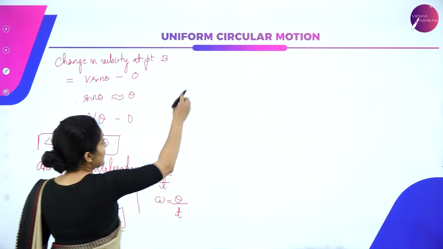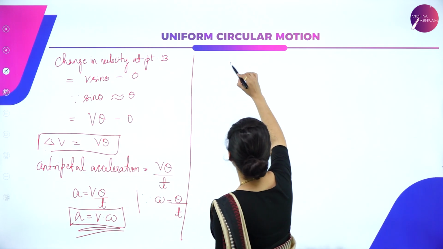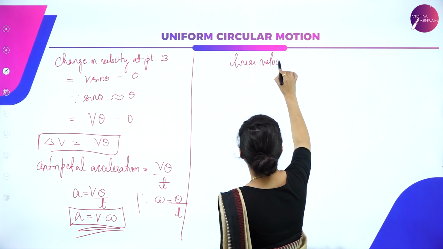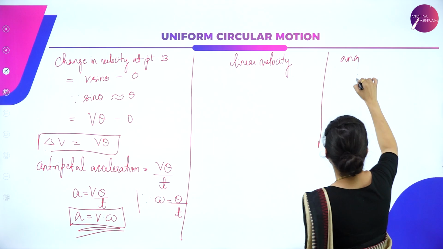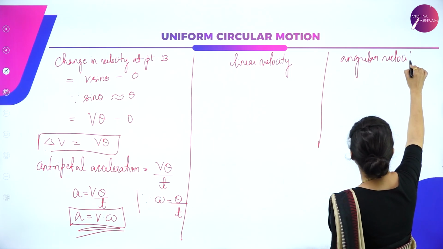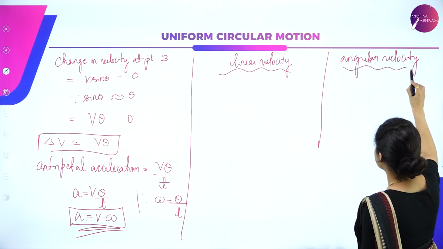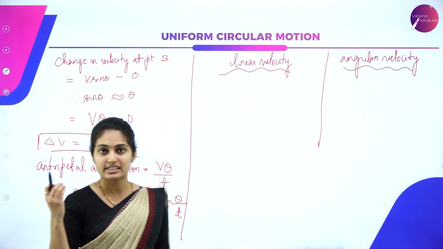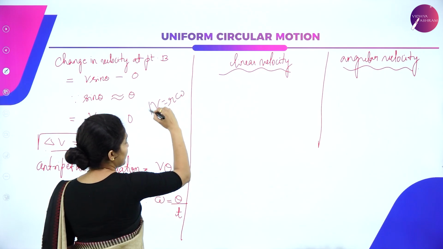Now we need to apply this for two cases: one for linear velocity and another for angular velocity, whose formulas are very important with respect to centripetal acceleration. You know the relation between linear velocity and angular velocity: V is equal to r omega.